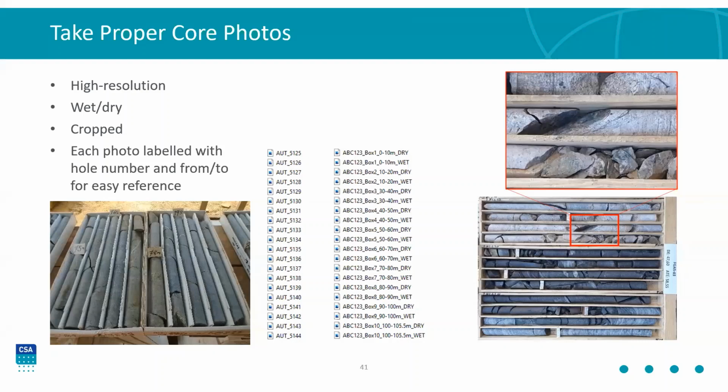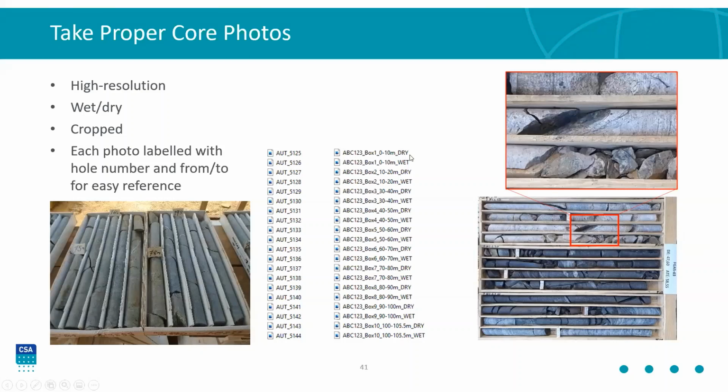Make sure you crop each photo nicely. Spend the time to crop the photo down with the core box labeled, and you've got the drill core labeled, and then it's really useful to have each photo labeled. So not like you've got on the left where it comes off your digital camera, you've just got your image number, but actually relabel the photo with the hole number, which box it is, whether it's dry or wet, and the from-to.